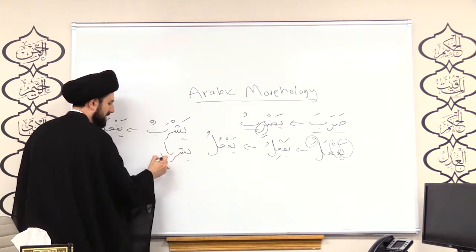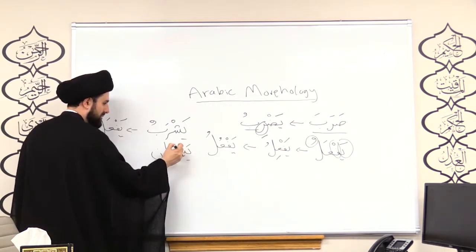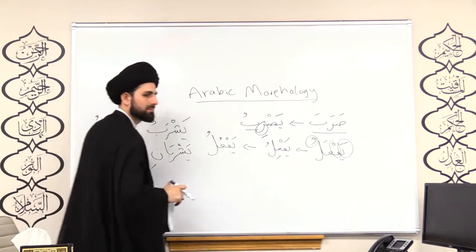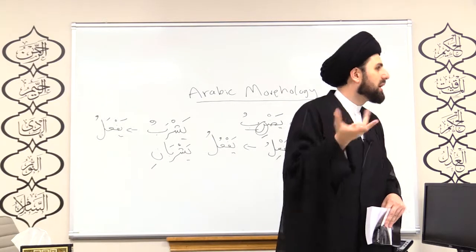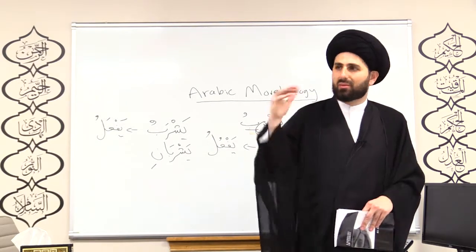Yashrabani. So what are 4 things about yashrabani? Number 1, it's a present tense verb. Number 2, it's dual. Number 3, it's masculine, right? 2 men, 2 males. Number 4, third person.